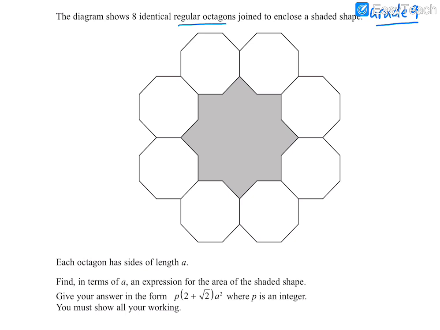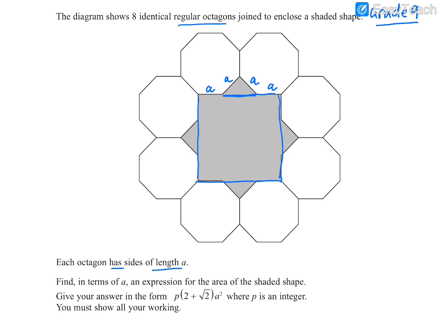Each octagon has a side length of A, so all the side lengths are A. But we don't know what this length over here is, because that will form the square in the middle, because you can see that these are exactly the same sides.